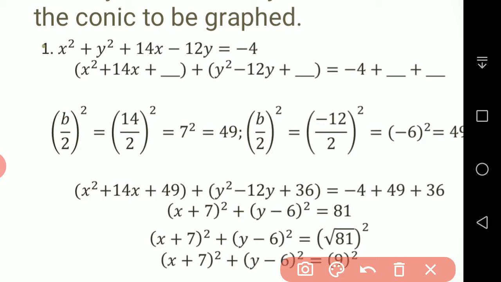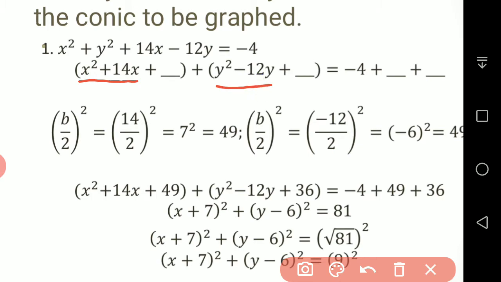So for us to transform it into its standard form, we need first to group the terms. All the terms that have the x variable will be grouped as one. The same with y.